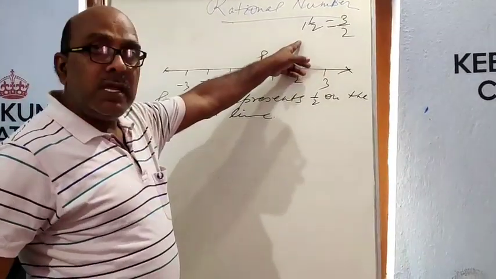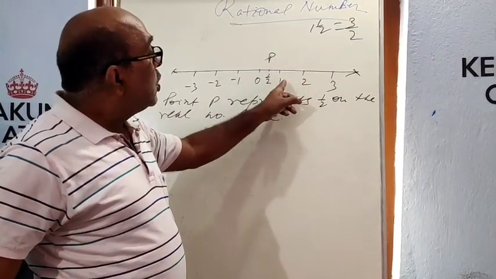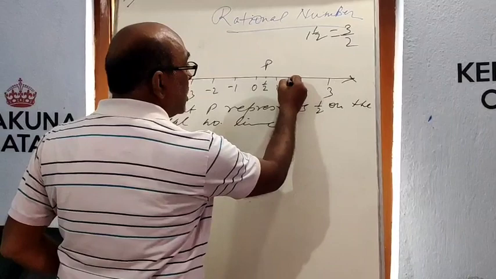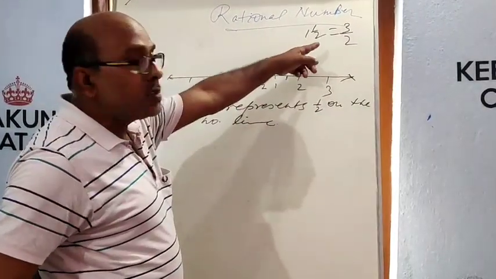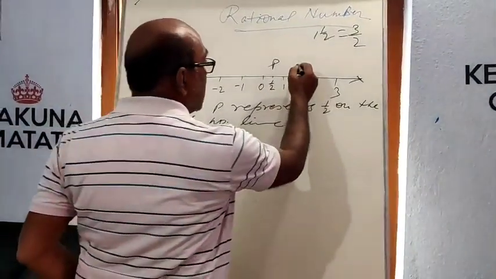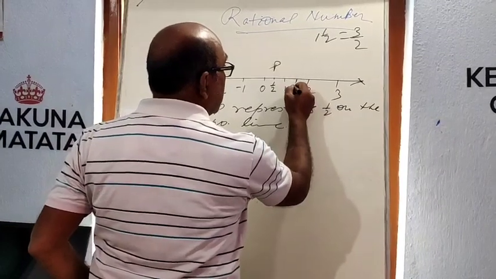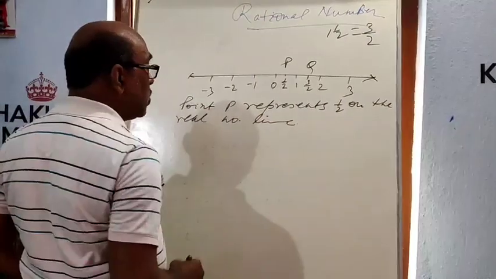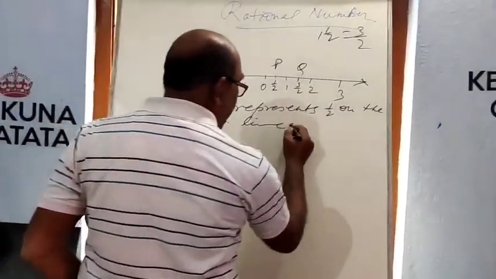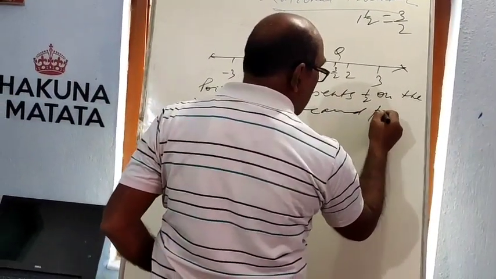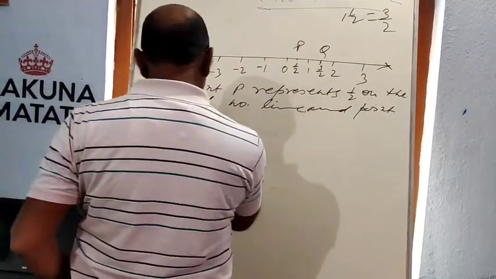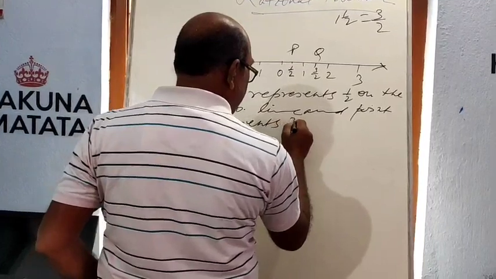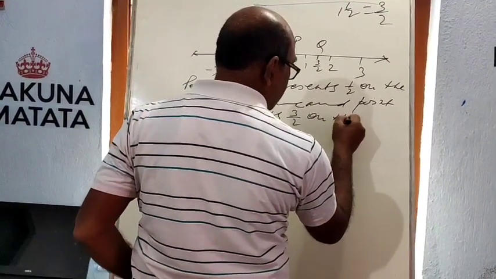This number will be between 1 and 2, at 1 and a half. 3 by 2 means 1 and a half, and this point is Q, and point P represents 1 by 2 on the real number line, and point Q represents 3 by 2 on the real number line.